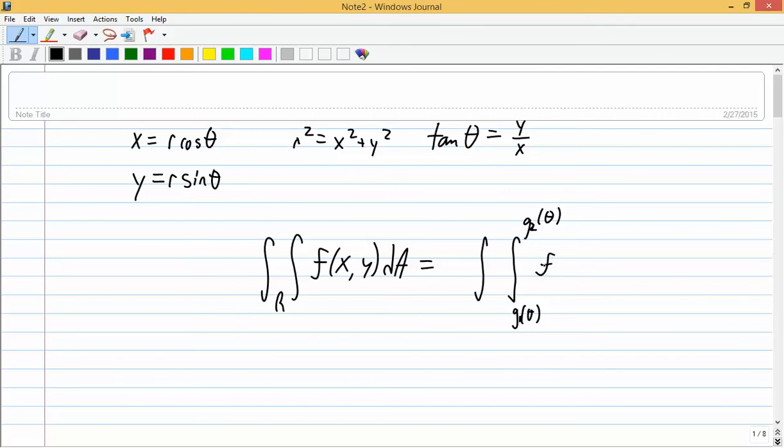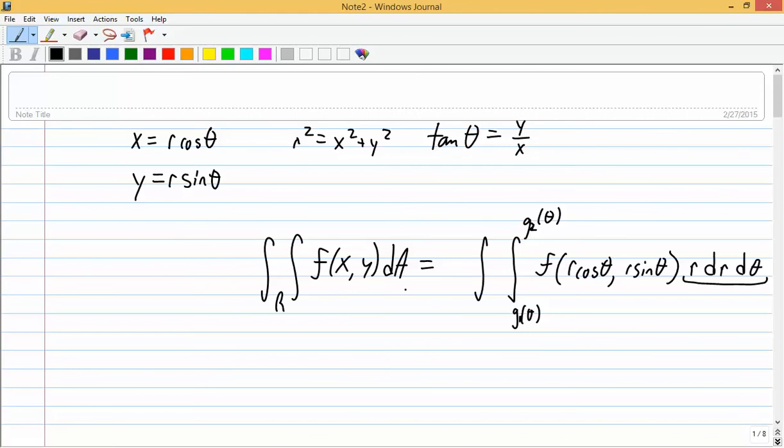And then of course we have to change the function. It's going to have to be in terms of r cosine and r sine. And instead of dA, it's r dr d theta. So the differential dA that we let be dy dx in rectangular is r dr d theta in polar.